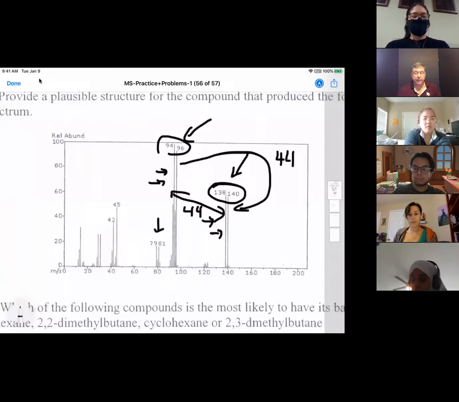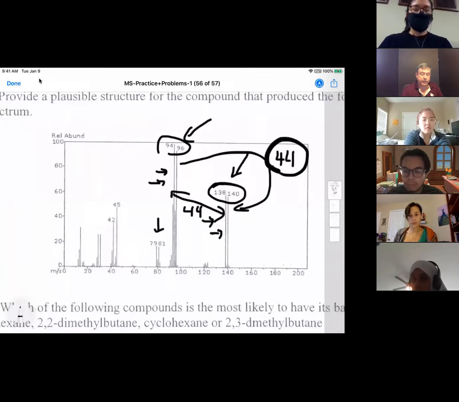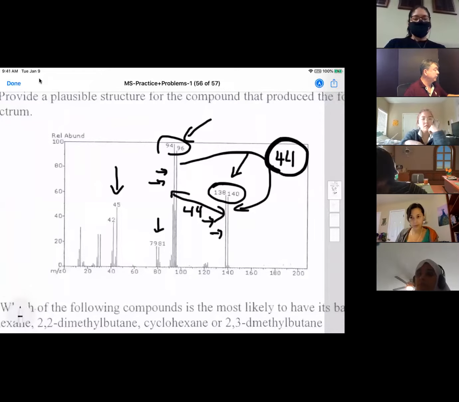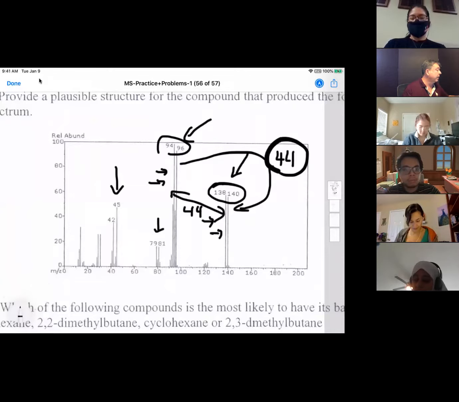Okay, so that's telling us we have 44, and luckily there's a fragment here that's 45. It's pretty close. So if we look at our table, our 44 fragment is CO2, C2O. Oh, so there's a good fragment there that is CH2COH. So there's an aldehyde there.